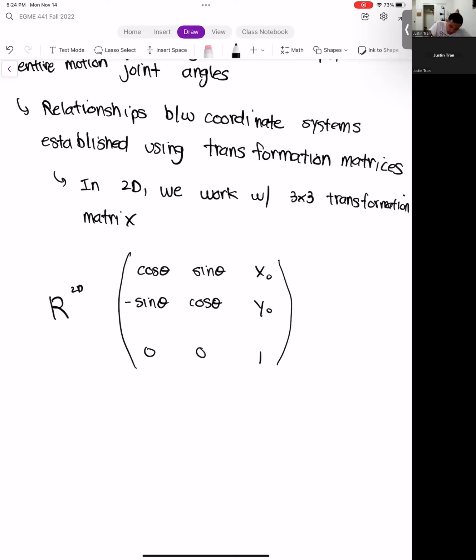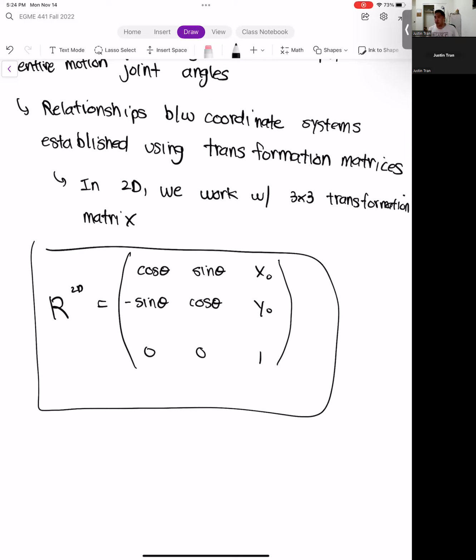It often looks something like this: cosine theta, sine theta, minus sine theta, cosine theta. That's the transformation matrix we usually work with in 2D.